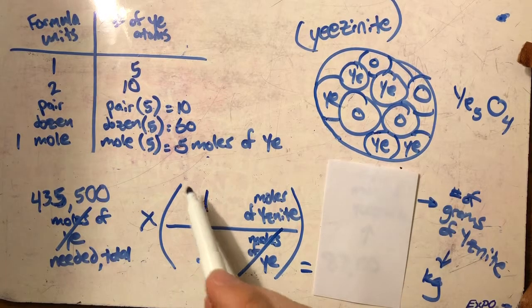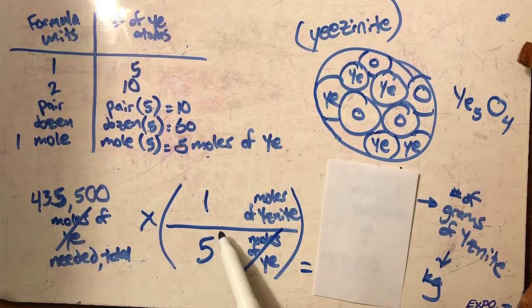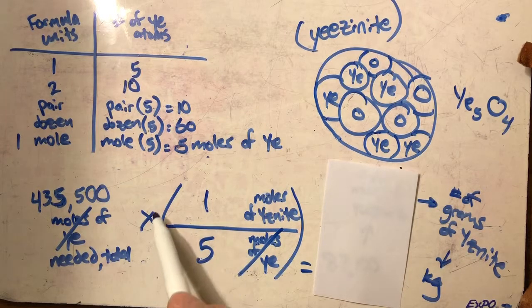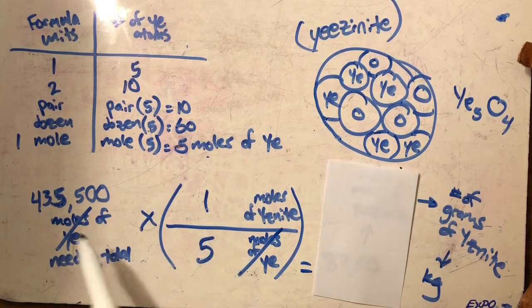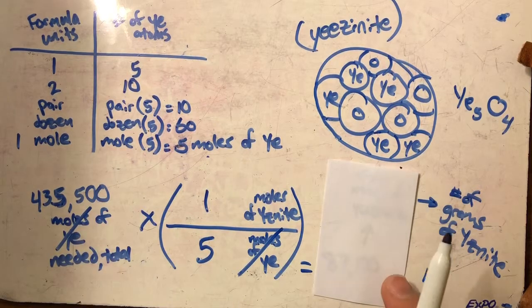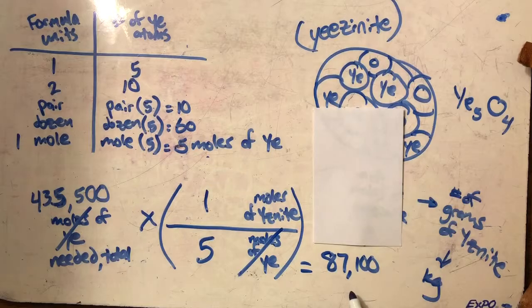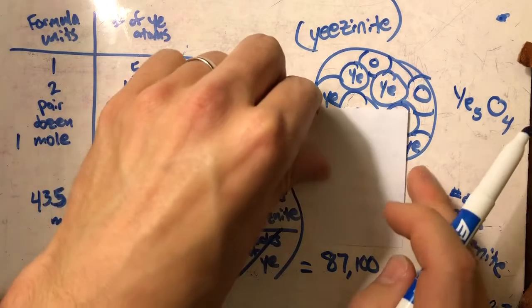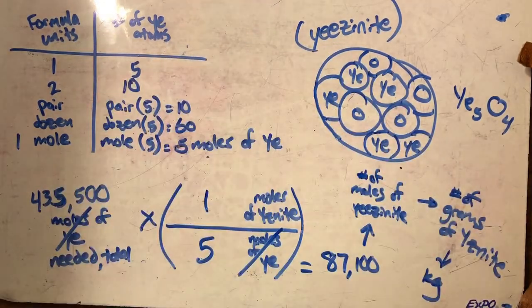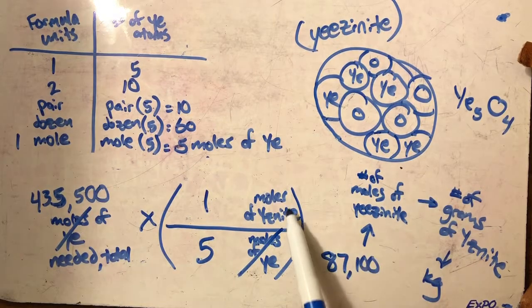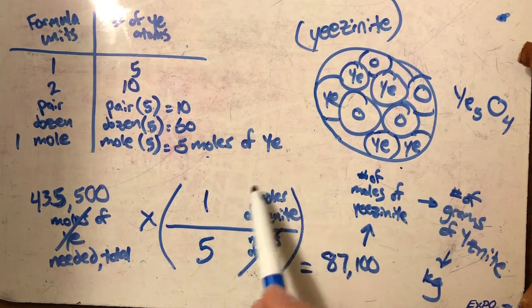Another way to do it is you could do this division first. This would give you 0.2. Then you can multiply 0.2 by this number. Either way, you end up with this number, 87,100. And what we had written before, what we were trying to get to, was number of moles of Yeezinite, which is the unit that we have left over here.